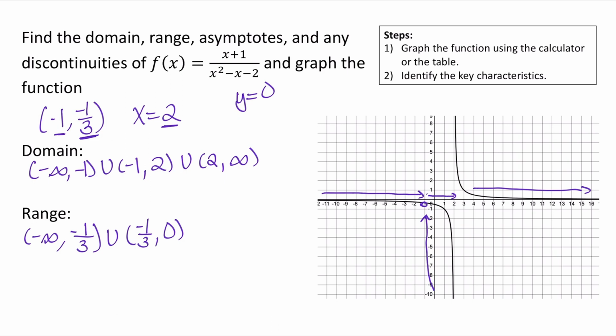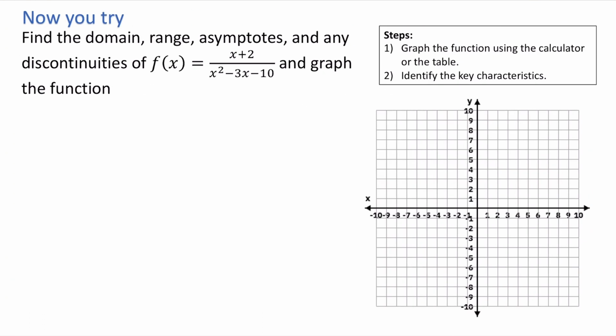And then it's going to go from 0 to positive infinity. So we actually have to describe the domain and range in pieces depending on where we have holes and where we have asymptotes. Now you can pause the video and try describing the domain, range, asymptotes, and any discontinuities of f of x.